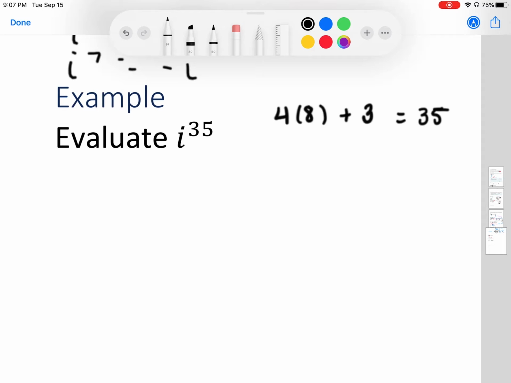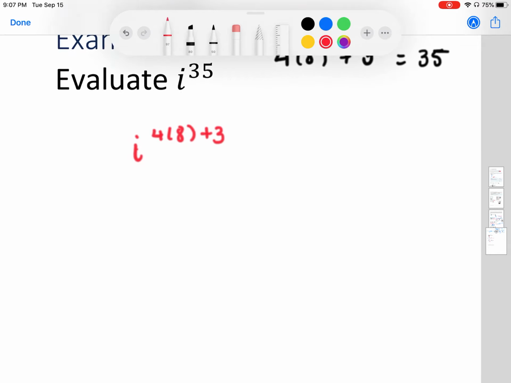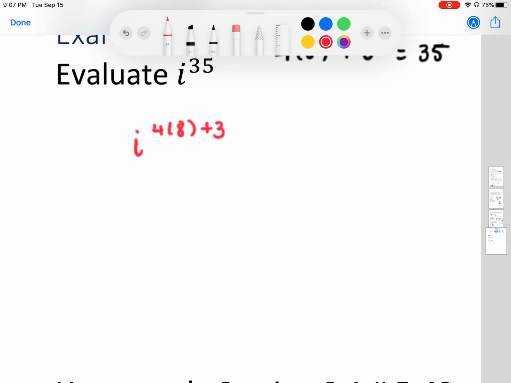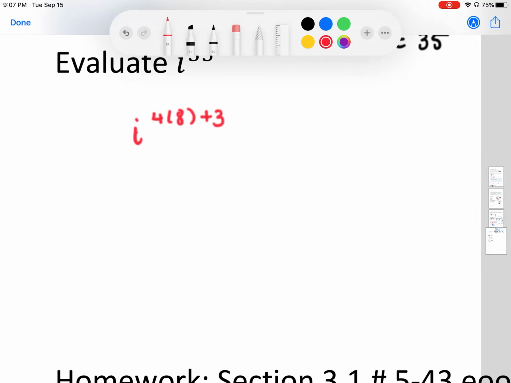Okay, let's do that with our exponents. So we have i raised to the 4 times 8 plus 3, and I'm replacing that with 35. So we can write this to be i raised to the 4 times 8, times i to the 3rd power.